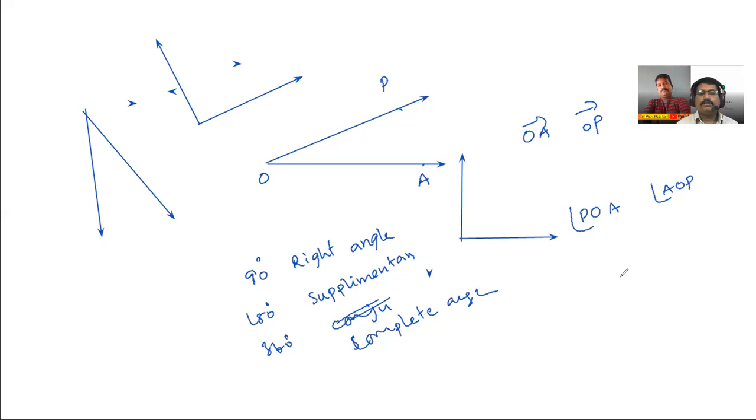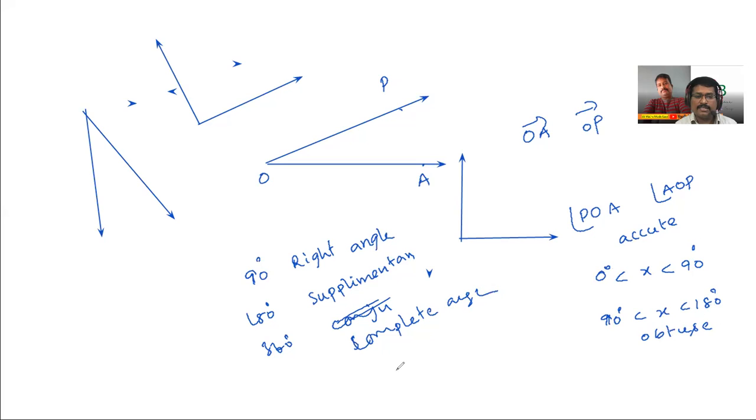Okay, Nana. So when X is an angle, if it is less than 90 and greater than 0, then it is called acute angle. If X is an angle greater than 90 degrees and less than 180 degrees, it is called obtuse angle.